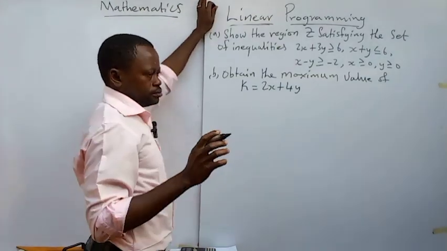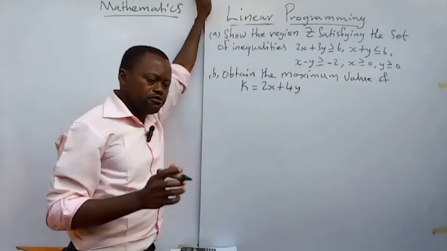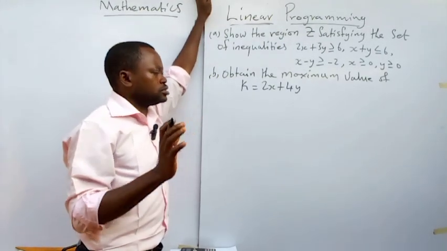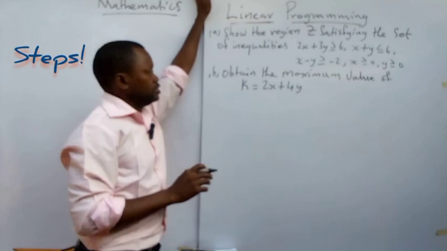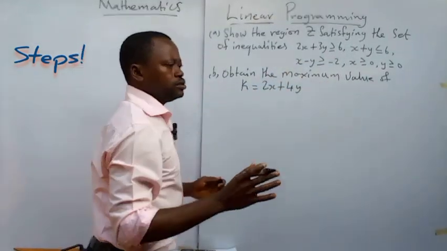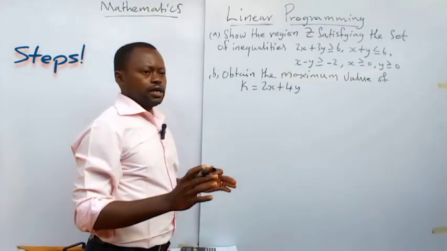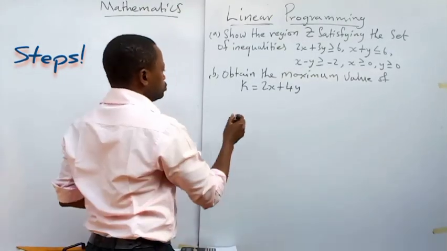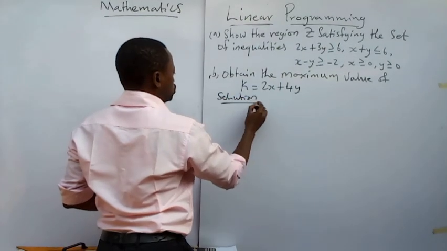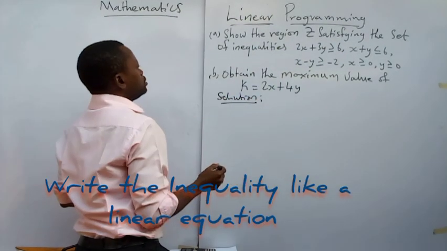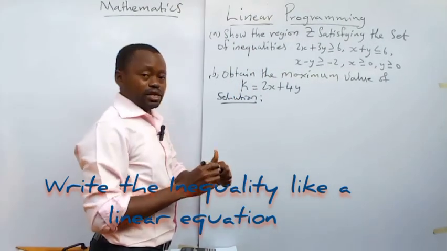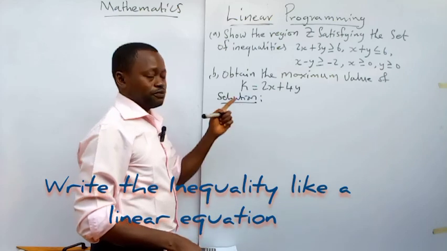Like in the previous classes, when you have these inequalities and you want to present them in a graph, I advise you to check the last class I did before this.